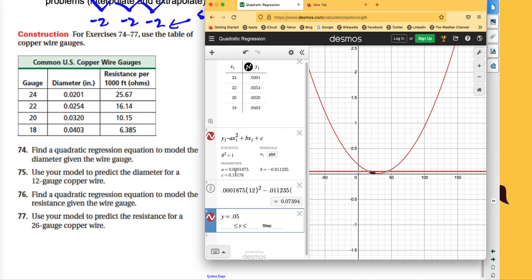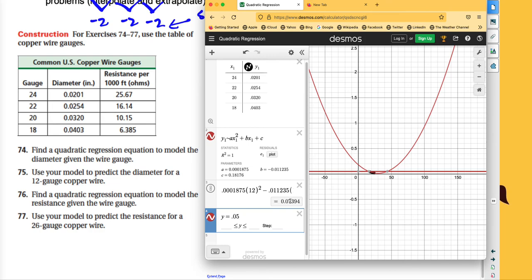Y is the height or the answer. If you plug in a gauge number, the answer you get at the end would be how thick the wire is. Like we plugged in a 12 gauge wire and we found out that the thickness of the wire was 0.07394. That's a Y answer, Y value.